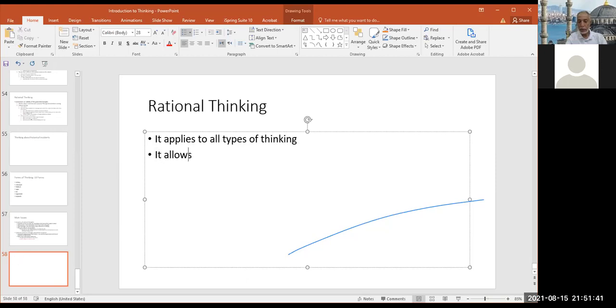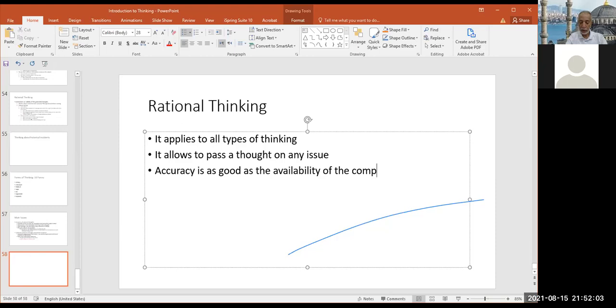It allows to pass a thought on any issue. Accuracy is as good as the availability of the components of thinking, let's call it. Okay.